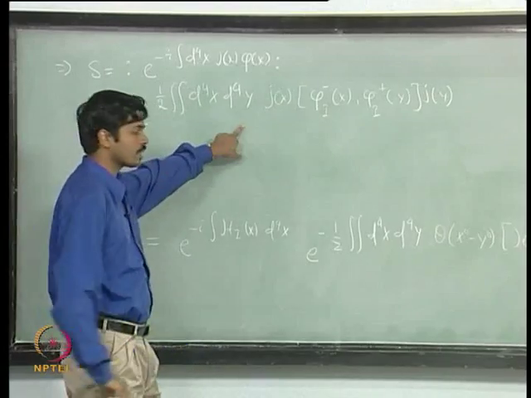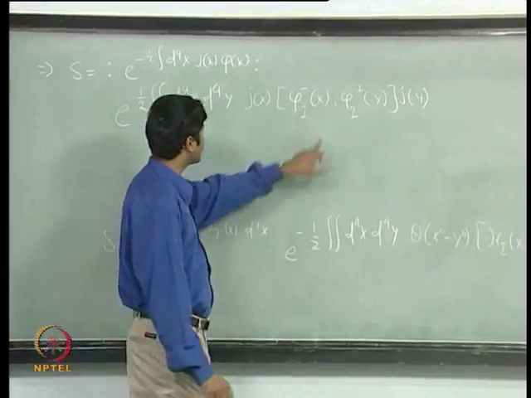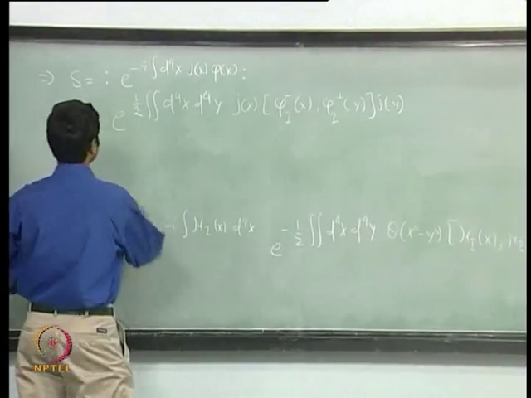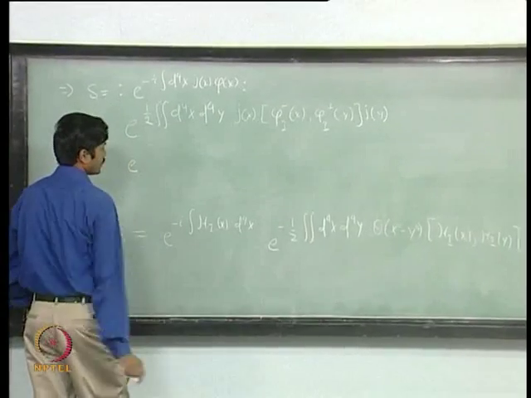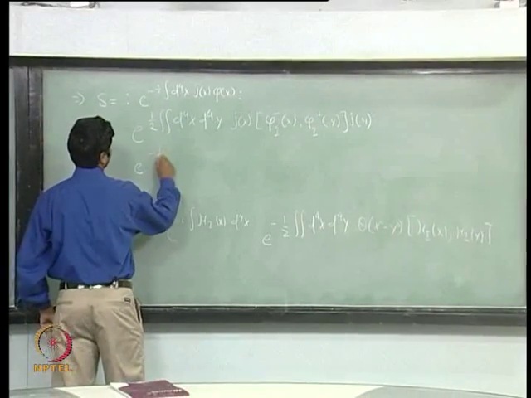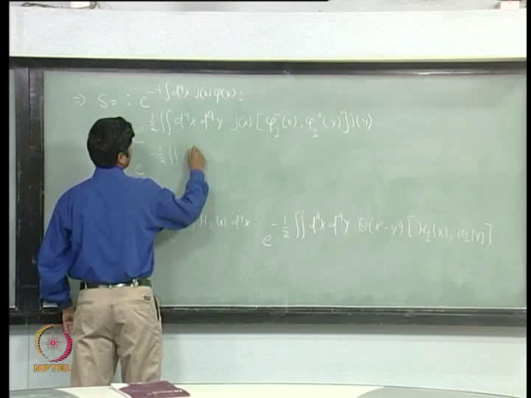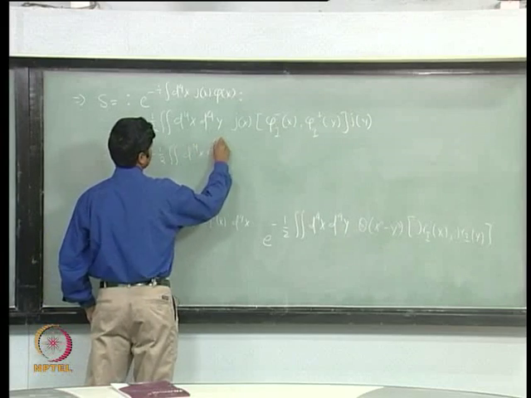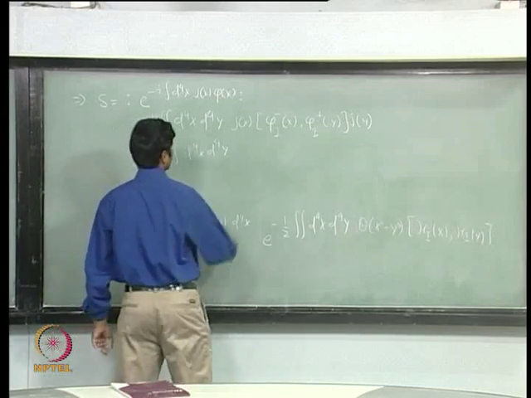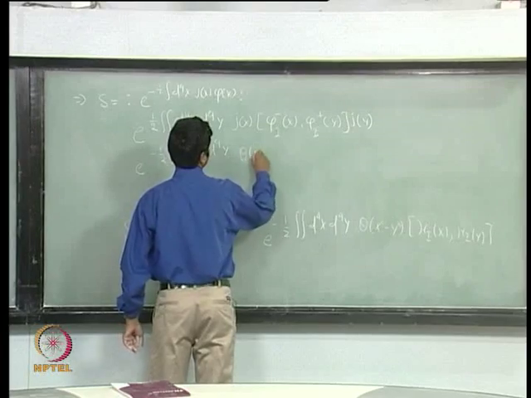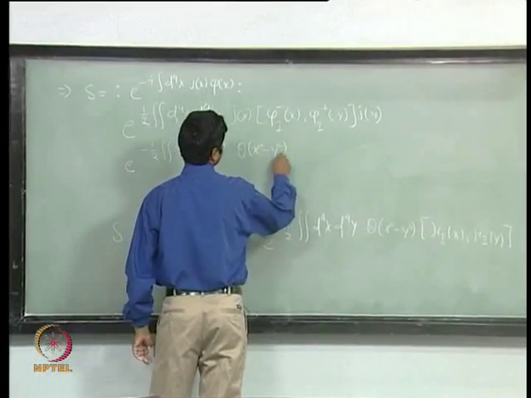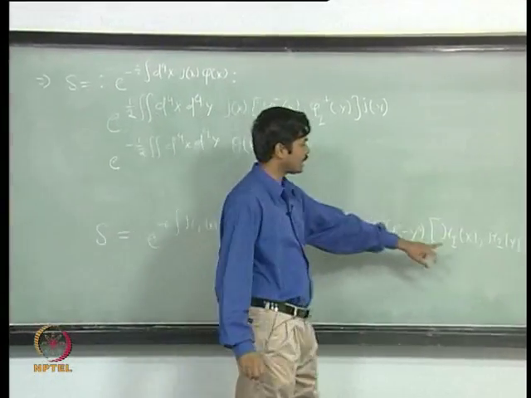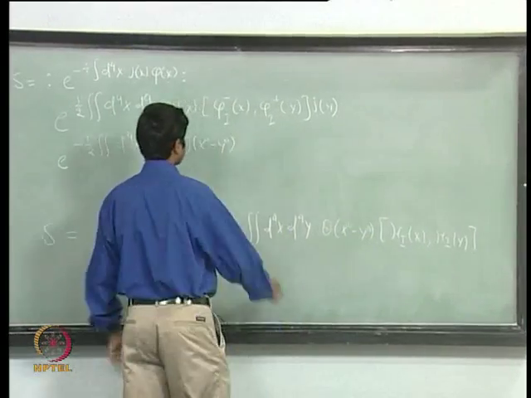This is the first term, and now I will write the second term times e to the power minus half integral d4x d4y theta of x0 minus y0. Now, I know H_I of x is j of x times phi of x.